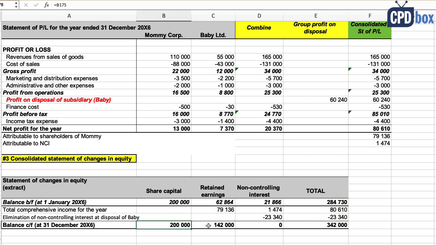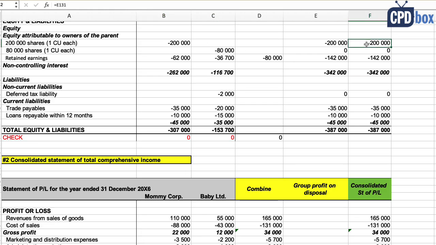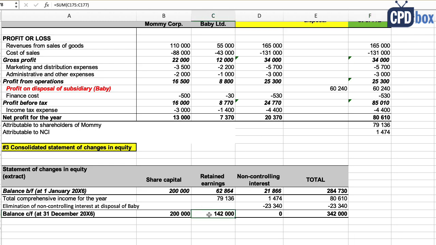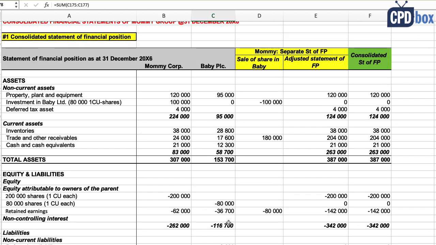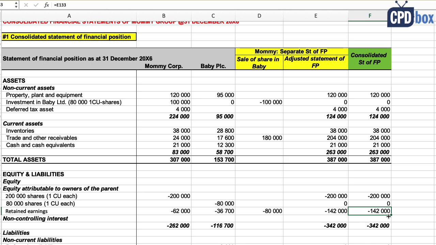So let's check vertical totals, which are our closing balances. Share capital is share capital of mommy, no change here, okay. Retained earnings come to 142,000 and moment of truth. This should be the same number as in the consolidated statement of financial position, so let's check that.